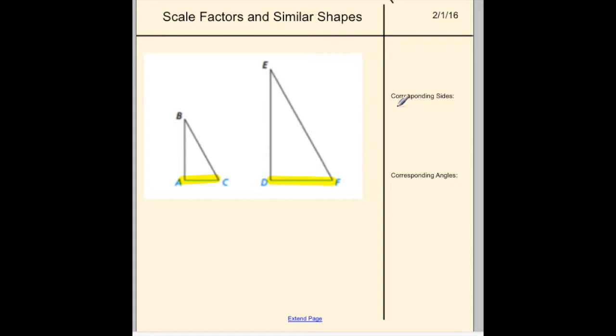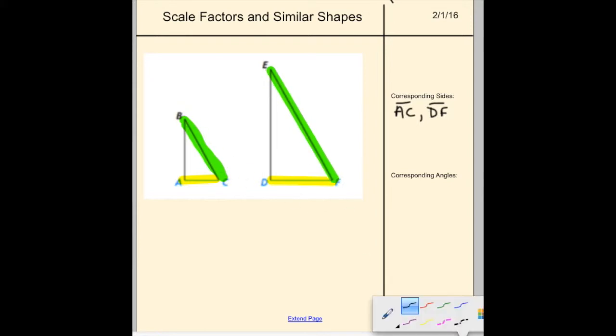So I'm just going to write that down. So AC corresponds to DF. Okay, so taking a look at another side, I could look at the longest side of each triangle. So the longest side is always the hypotenuse. And so if I look at this longest side, BC corresponds to EF. And so those are the two corresponding sides.